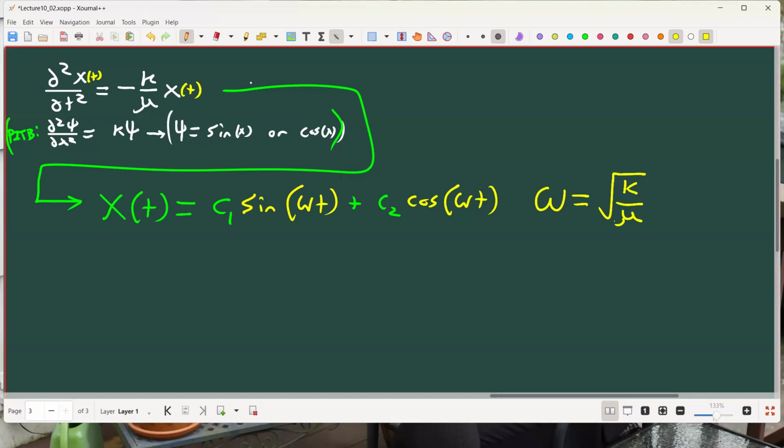So what this is saying is that when I stretch my system, if it's at equilibrium, it shouldn't oscillate at all. Of course, it's oscillating a little bit because it's slightly stretched.